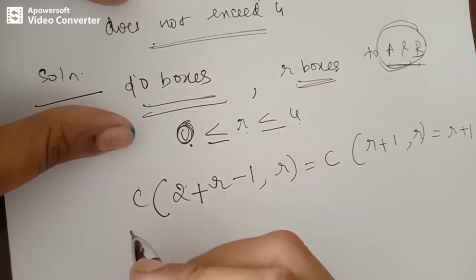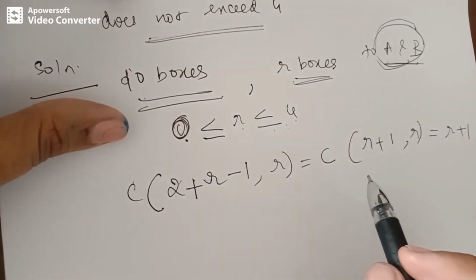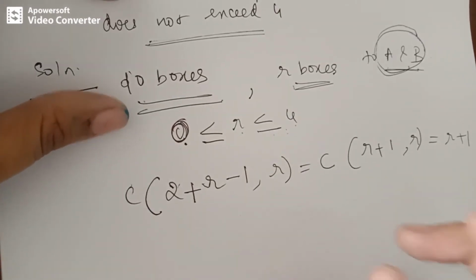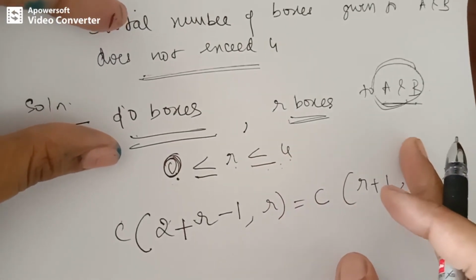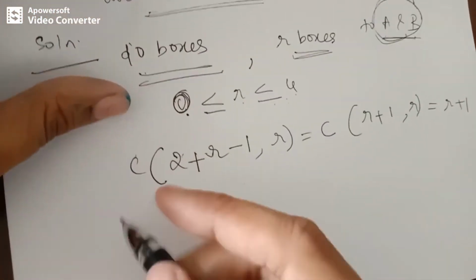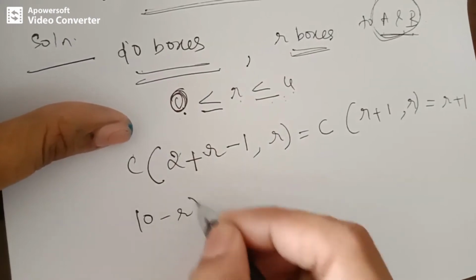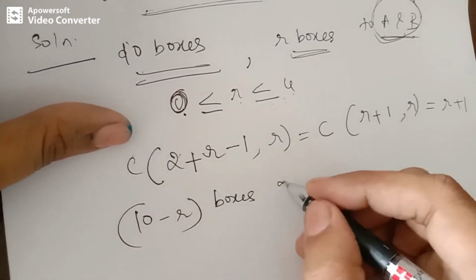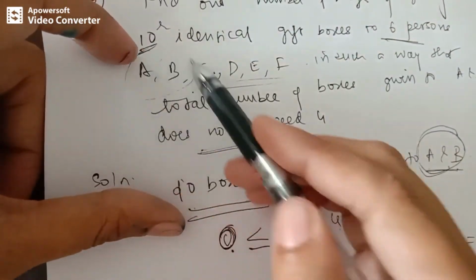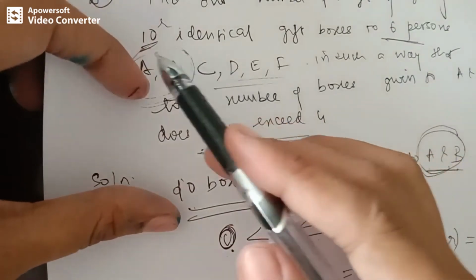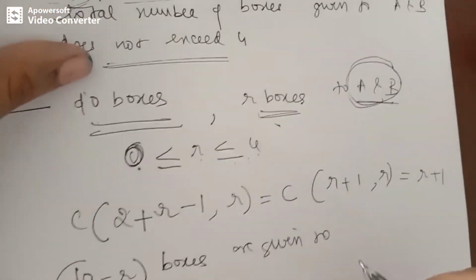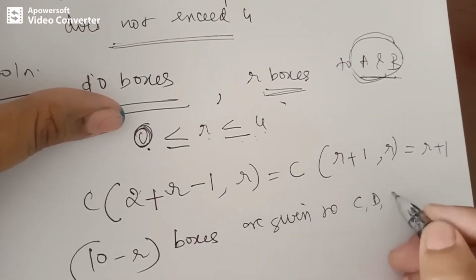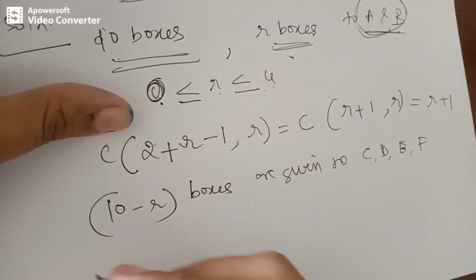Next, we already know that r boxes are distributed to A and B. So out of 10 boxes, the remaining 10 minus r boxes are to be given to the other people, C, D, E, F. How can this be possible?